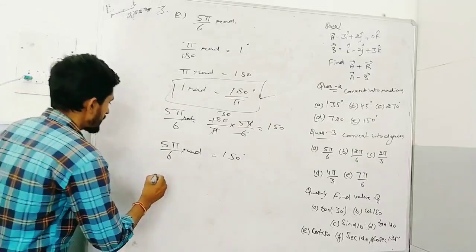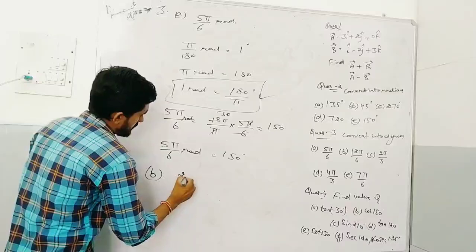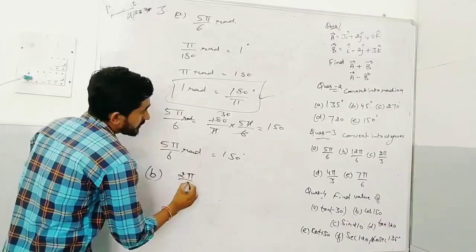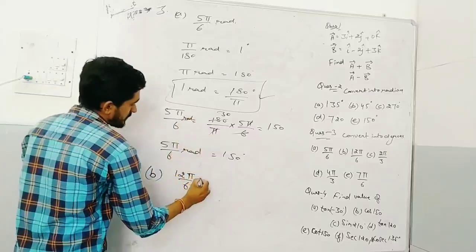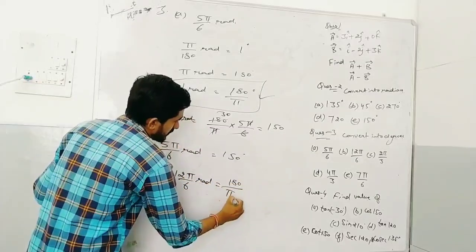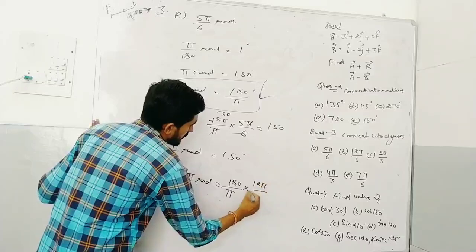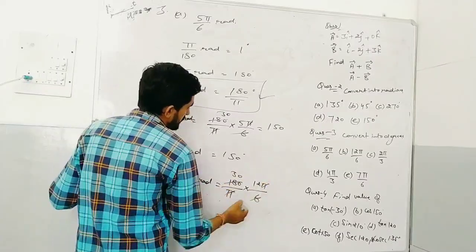For the second part, B part, 12 pi upon 6 radians is equal to 180 upon pi into 12 pi upon 6. Cut it down, pi cancels out.